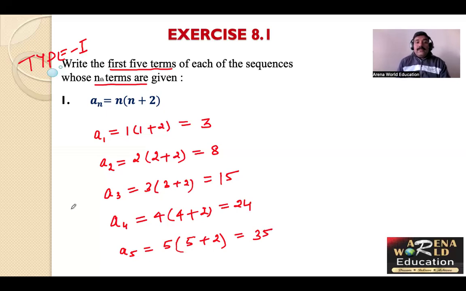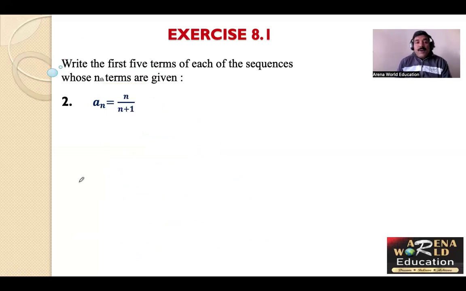Right? So in this way, we can find all the 5 terms of this sequence. Right? So let us move to another question. So now it is same type 1. So again, nth term is given and we want to find first 5 terms, right?